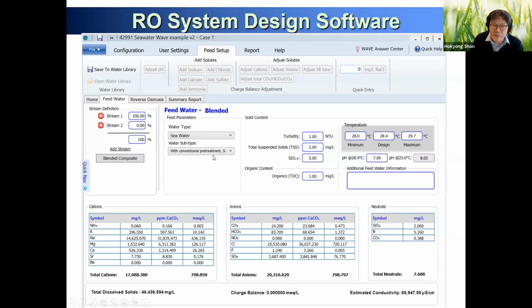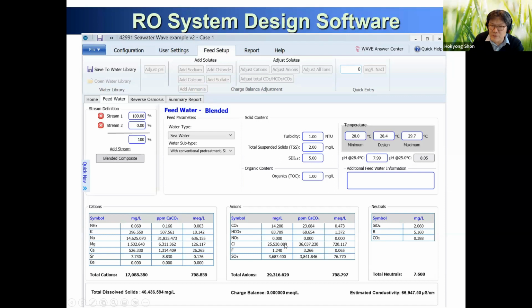And you also have ultrafiltration, the SDI value, turbidity, TSS, organic content. You can also put in different cations and anions, so you will have different concentrations, and you have a boron concentration and CO2 as a neutral.